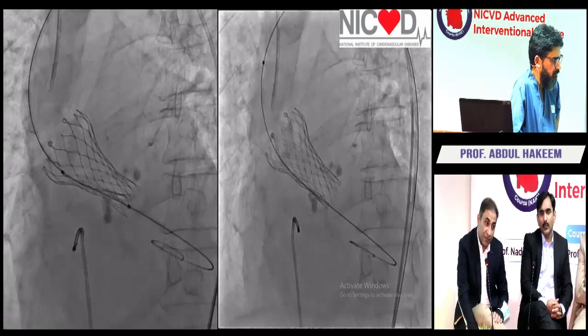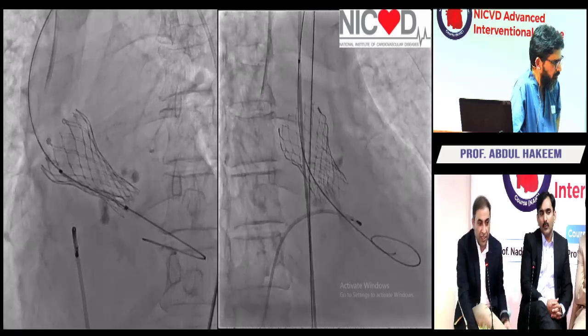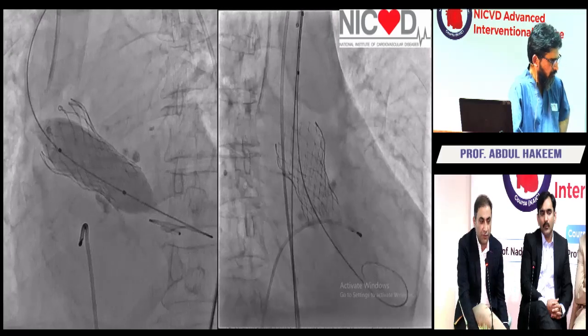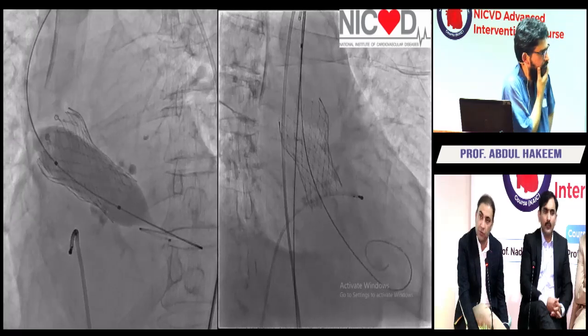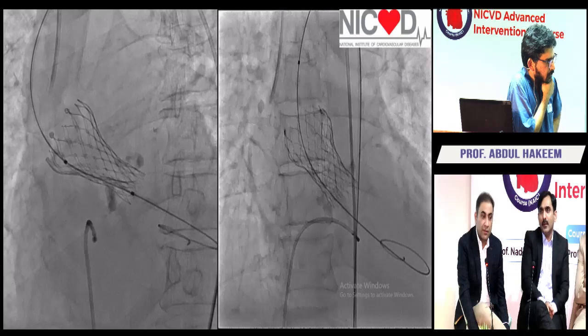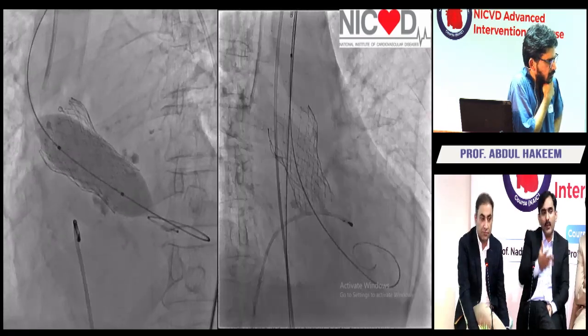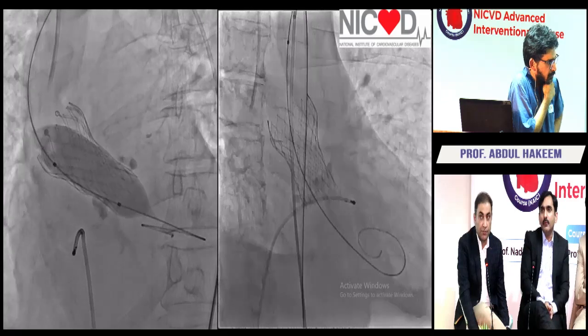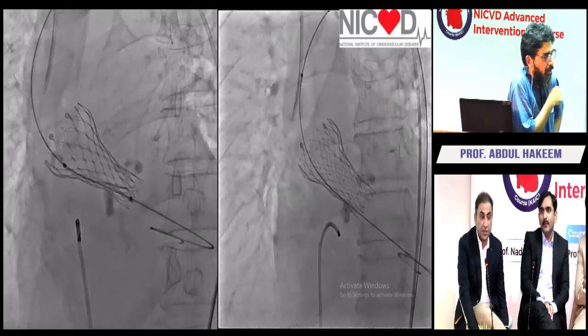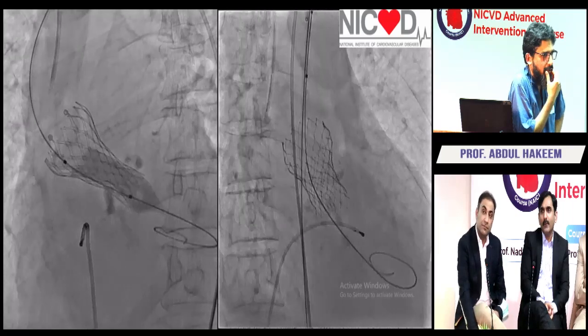But if still we were not able to jail the first frame, and it is quite high, we can go with the balloon. If a valve is at the STJ, because the diastolic filling is so low, you put another valve, the chances of coronary flow will be affected. Okay, you guys understand what Jehangir just said?